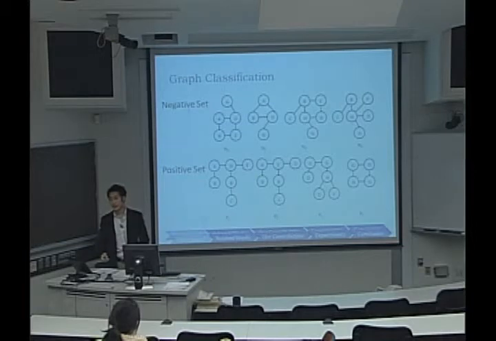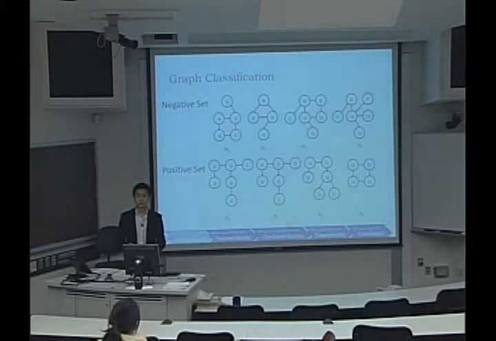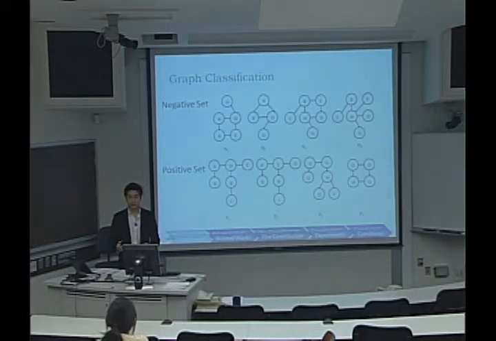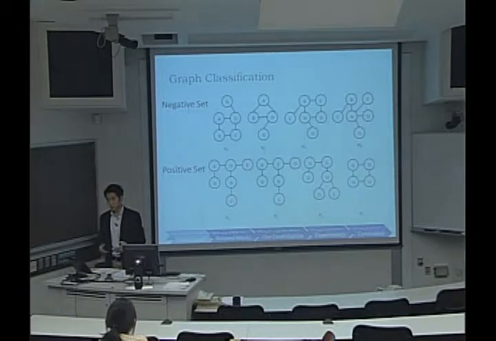With these definitions in hand, we can provide a more formal description of the graph classification problem. The graph classification problem takes two data sets, a negative set and a positive set of graphs. And the goal is to train a model to discriminate and classify an anonymous graph between one of these two graph sets. The positive set generally contains graphs that exhibit a certain characteristic of interest.